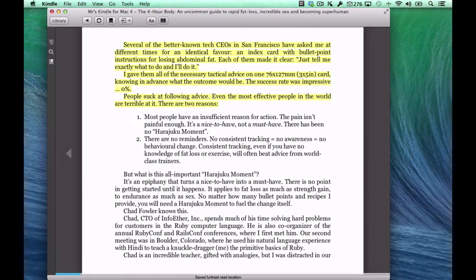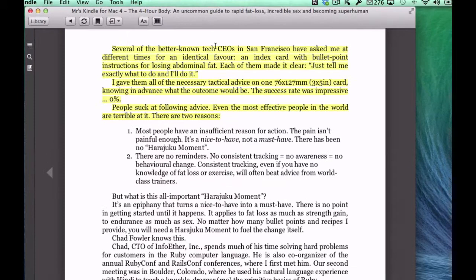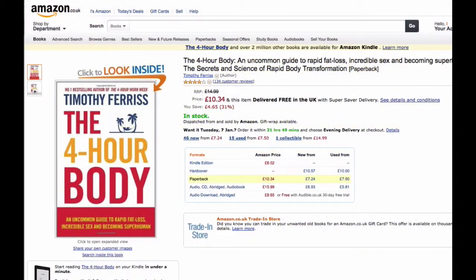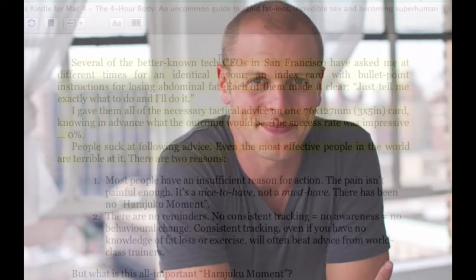So basically, I've got something here from a book by Tim Ferriss. The book is called The 4-Hour Body. Tim is a fitness freak. He studies things with a kind of insane focus, and he wrote this best-selling book on how to hack your body and get ripped abs with minimal effort.